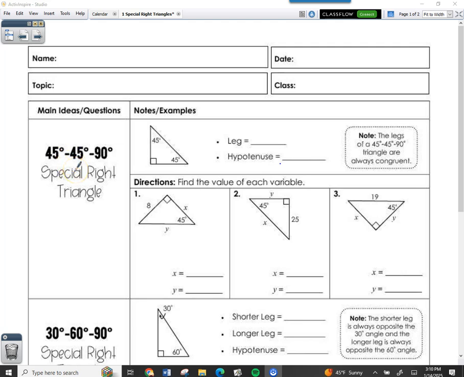However many congruent angles are in a triangle dictates how many congruent sides are in a triangle. So if I have 2 congruent angles, then I have 2 congruent sides. If I have 3 congruent angles, which we won't because we're dealing with right triangles, I would have 3 congruent sides of a triangle, meaning it would be equilateral.